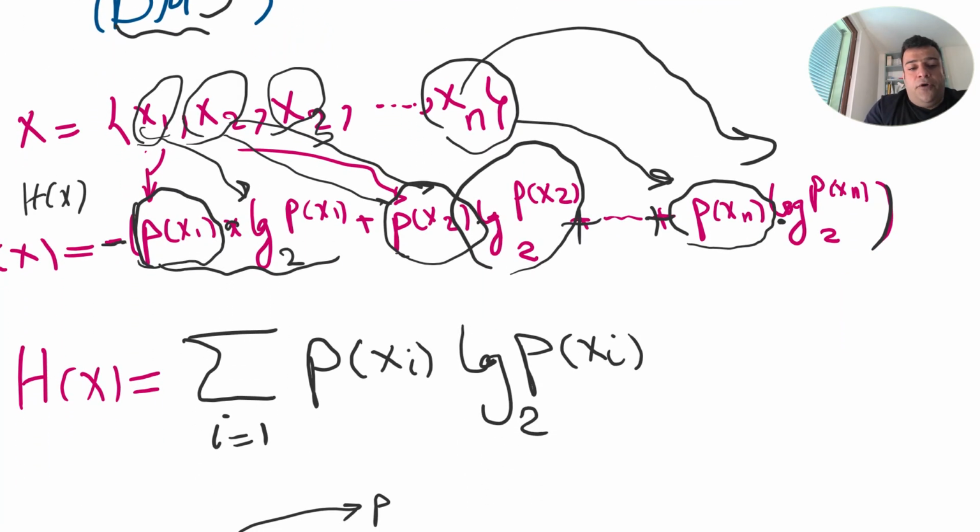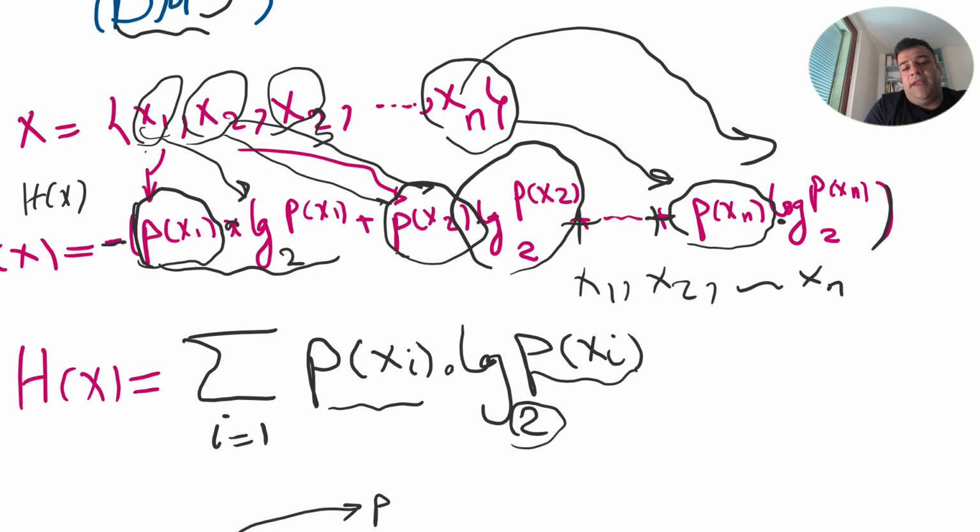Therefore, if we abbreviate and compact this formula, it's something like this: minus the summation, i from 1 to n, of P(xi) times log P(xi) in base 2, if we have x1, x2 until xn.